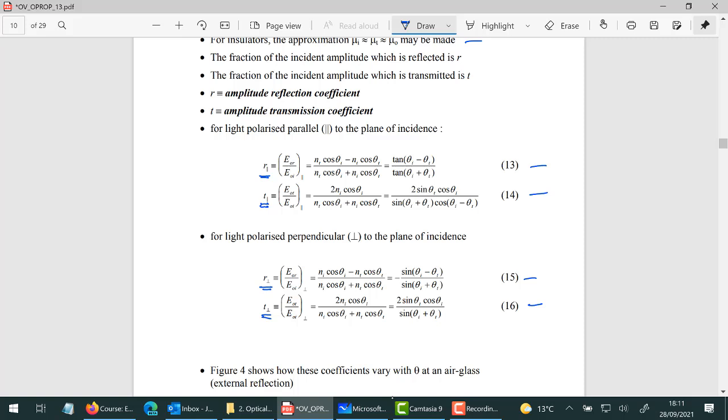And we define these reflection coefficients and transmission coefficients as the amplitude of the reflected wave compared to the amplitude of the incident wave, or the amplitude of the transmitted wave compared to the amplitude of the incident wave.